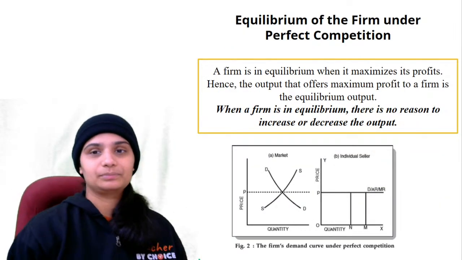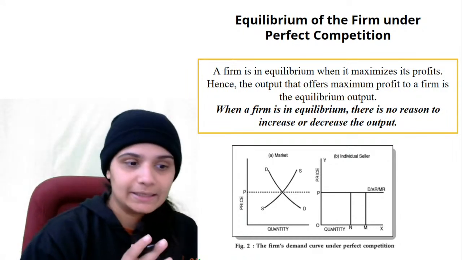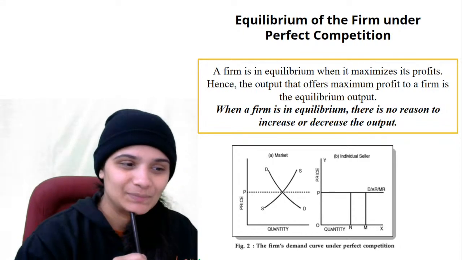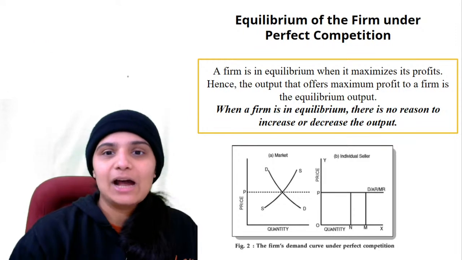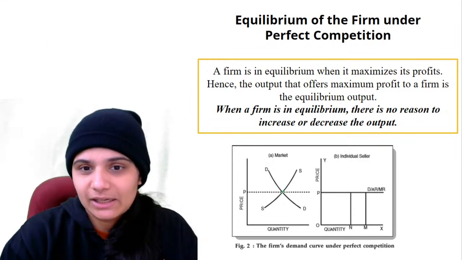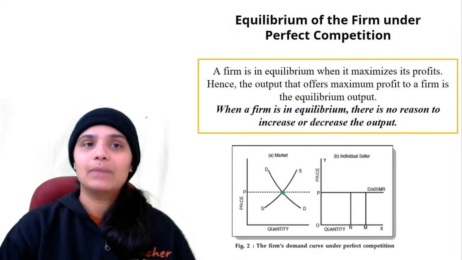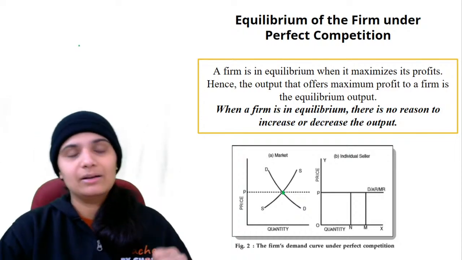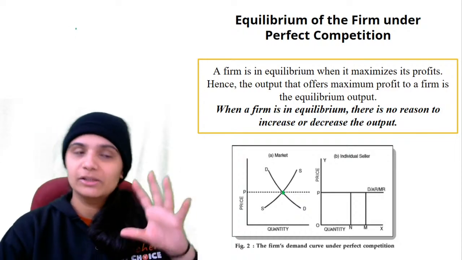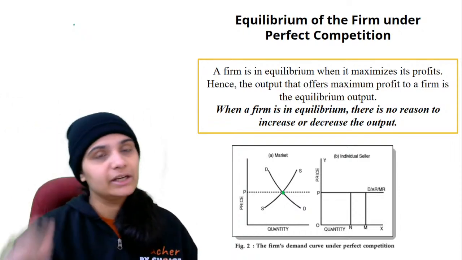Now, that was for your market, guys. Now, just tell me one thing. This is how my market determines its equilibrium, with demand and supply. Market means all the firms, their demand is added. All the firms which are ready to supply, their supply is added. In the market, all the individuals are there.